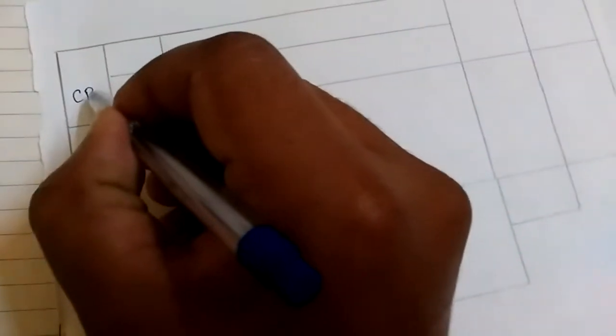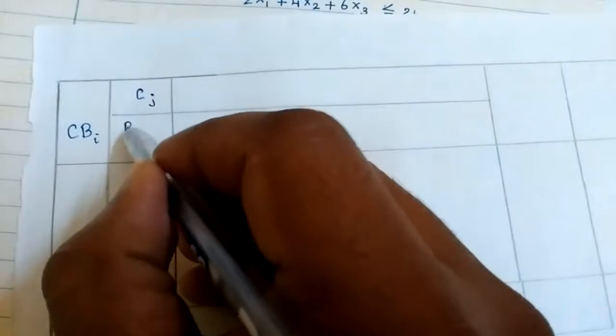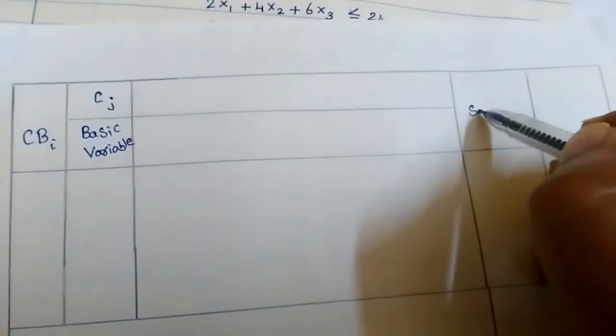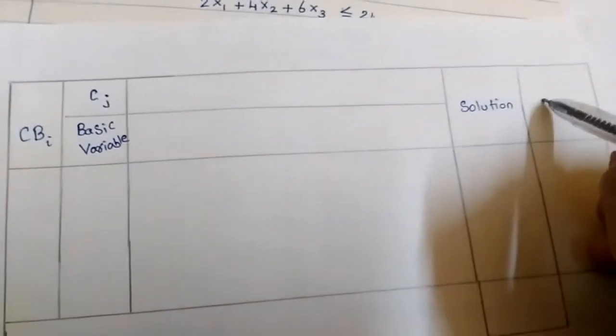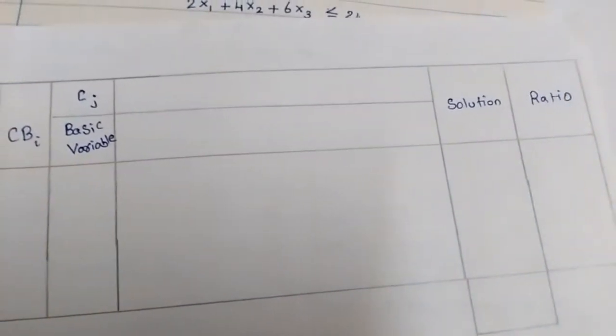Here it is CBi, that means the coefficient of the ith variable. Cj is the coefficient of the jth variable, introduced here. Here the basic variable, then the solution, and here the ratio.